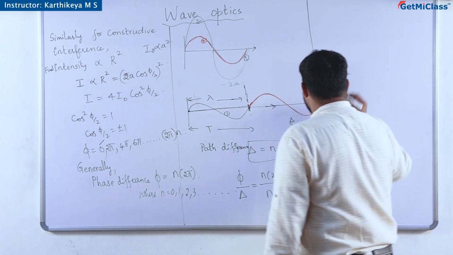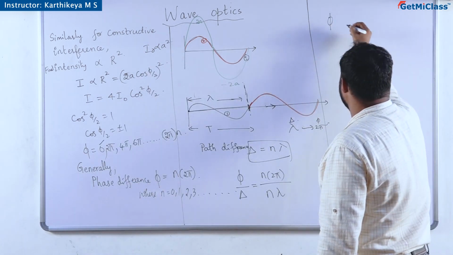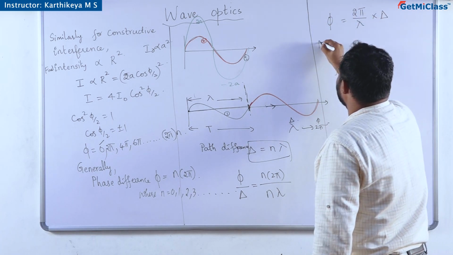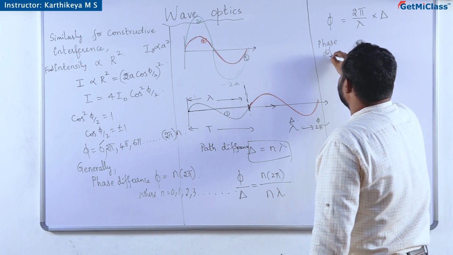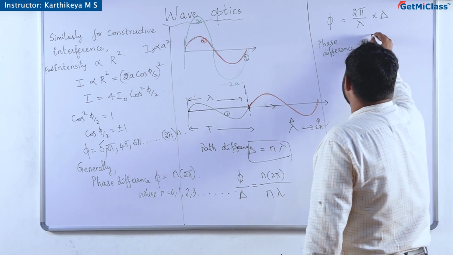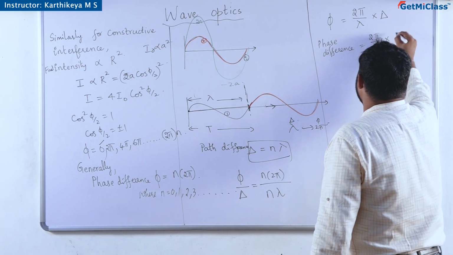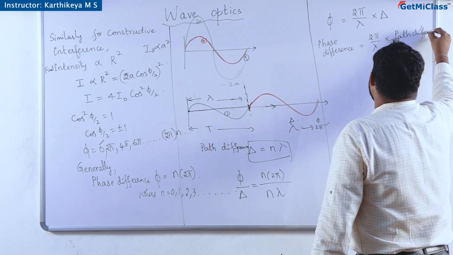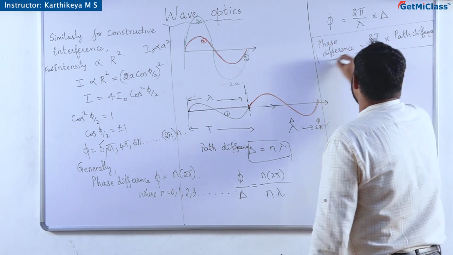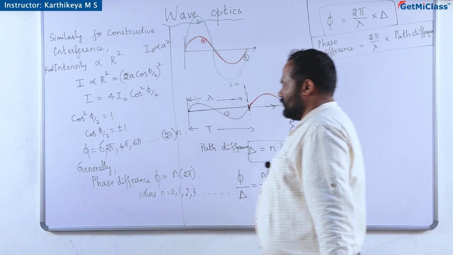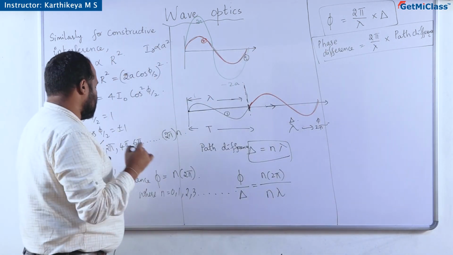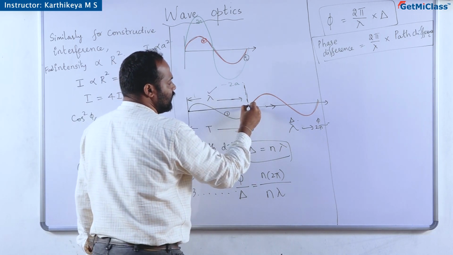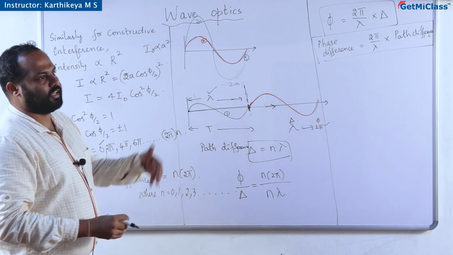So finally the phase difference phi is equal to 2 pi by lambda into delta. So phase difference is equal to 2 pi by lambda into path difference. This is the formula which has to be taken note of. So here the path difference is lambda, phase difference is 2 pi, and it continues.